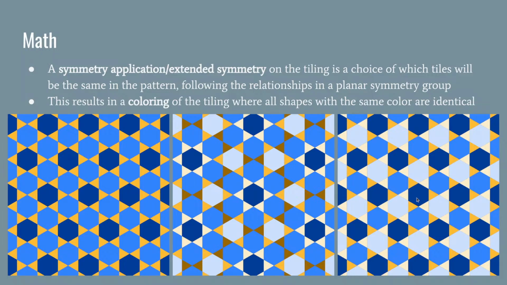Or we can say there are three distinct hexagons and two distinct triangles. Or in this case, there are three distinct hexagons and three distinct triangles. And so then when we're designing our pattern, we can use those distinctions to work out what choices we need to make.